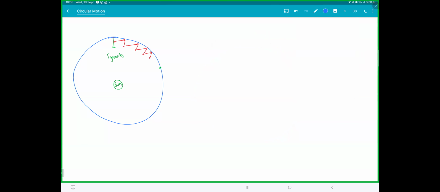Let's write some statements. So the answer for that question is this. When I said the Earth is falling into the sun, who is stopping? The answer is no one is stopping. The Earth is always falling into the sun. There is no other force other than gravity.